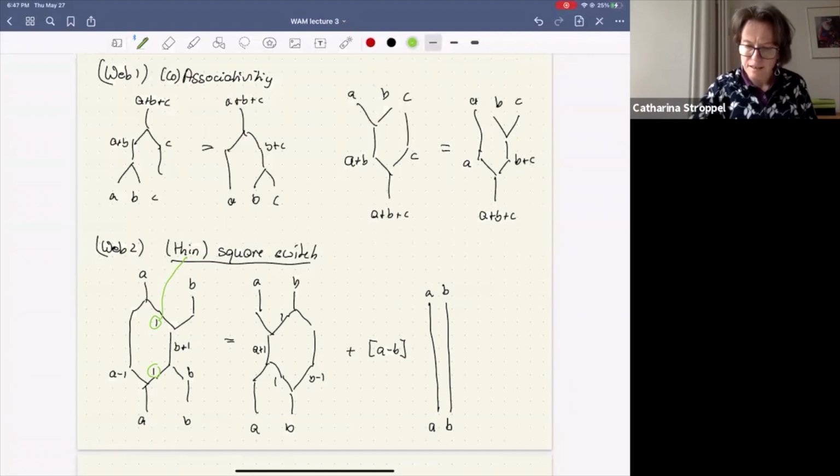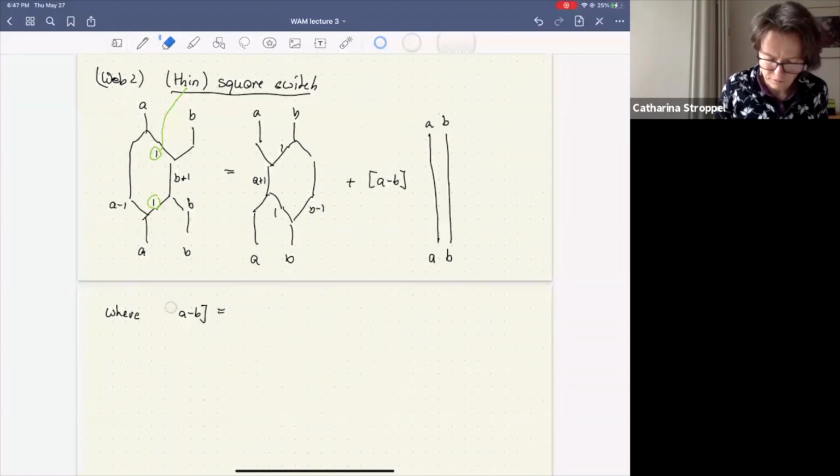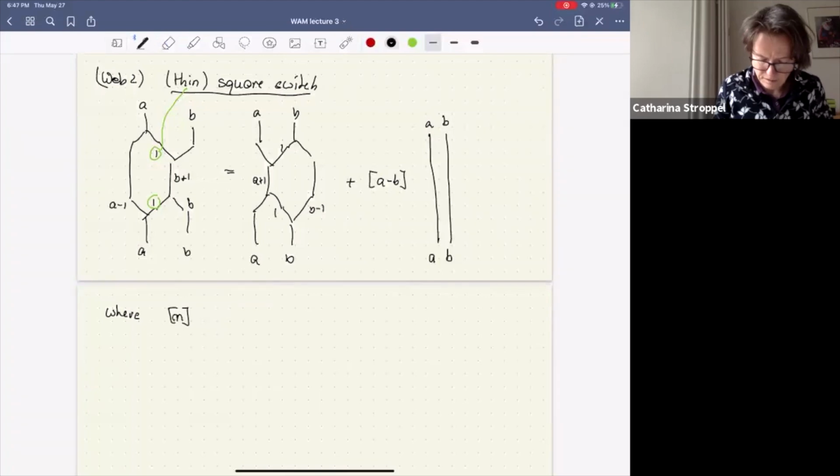And so what is this number A minus B? This number A minus B depends what our Q is. Or maybe I should just write number M. Oh, M is given already.